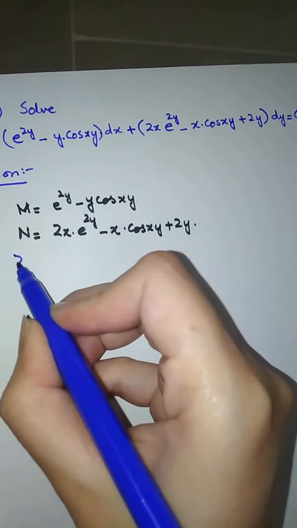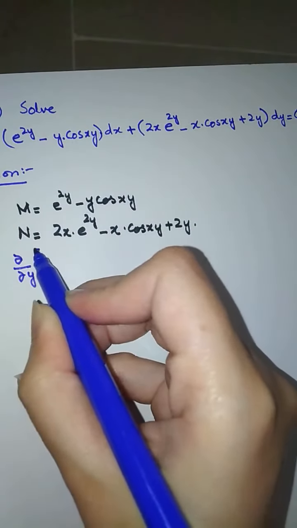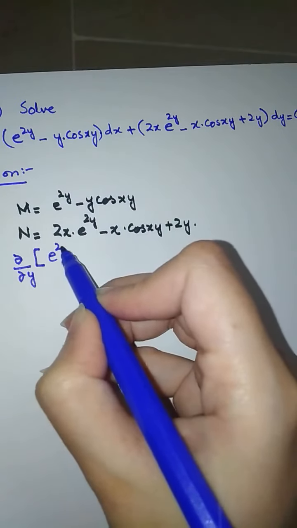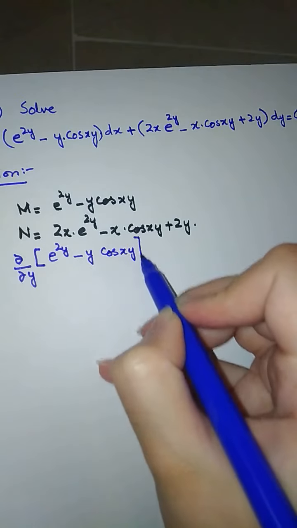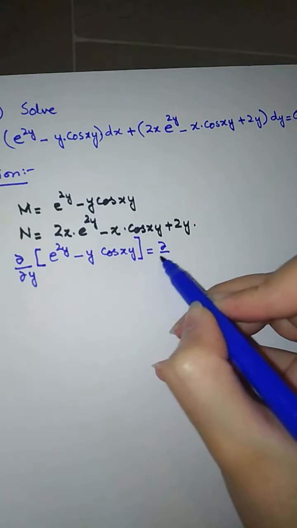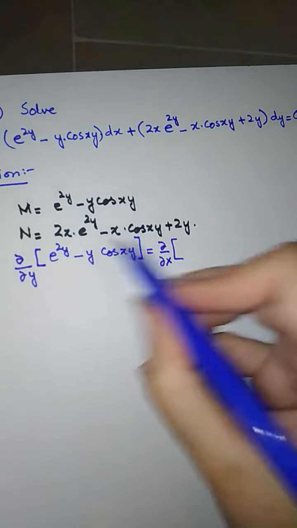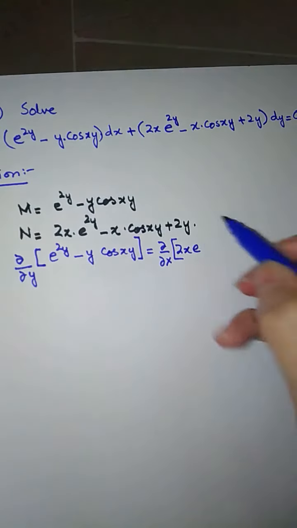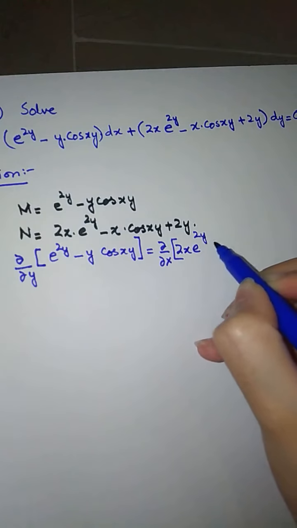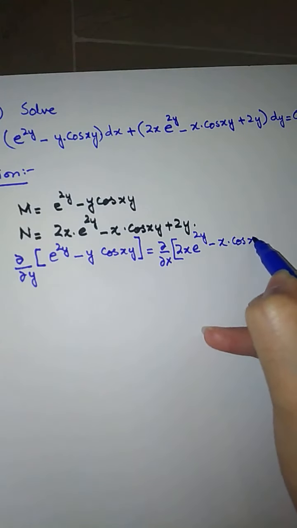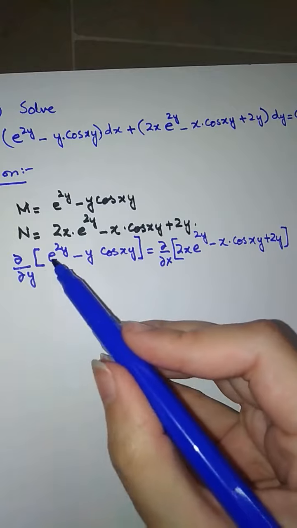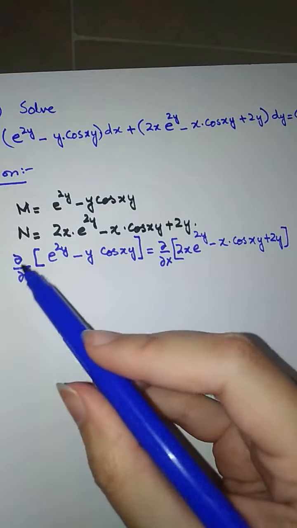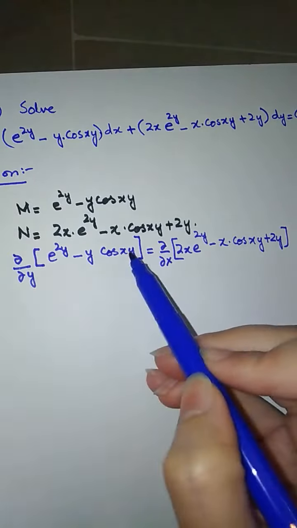Replacing M and N, we take the partial derivative of N with respect to x term by term, because it is a linear operator.